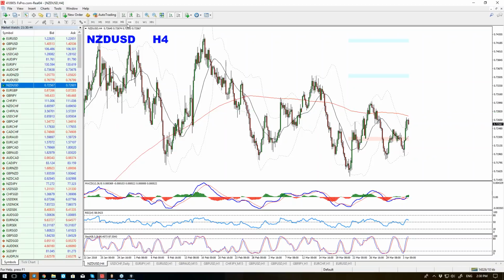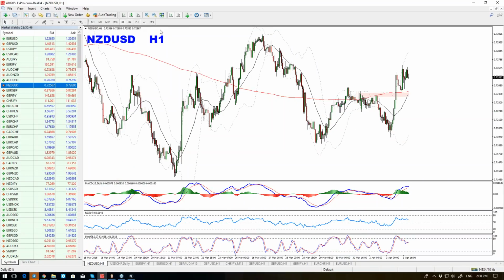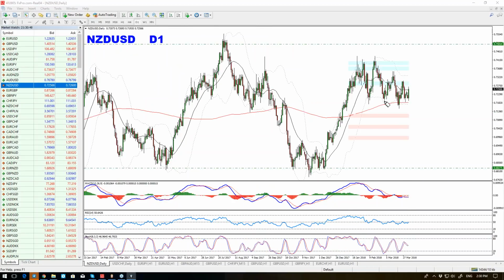The short term buys are acceptable due to this little push and the fact it is holding. So Kiwi dollar is acceptable for the second leg up or for a bearish hidden divergence, for example, on the short term, and for long term, we will be looking for sells, of course.